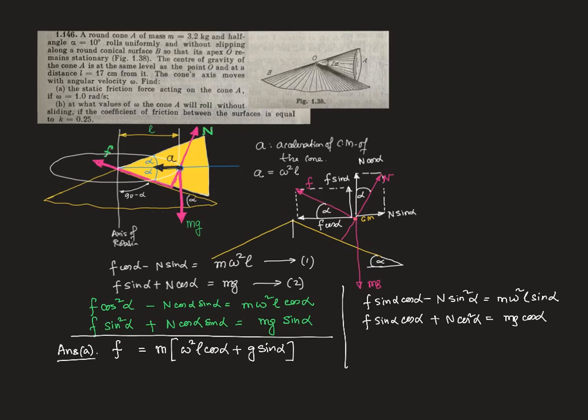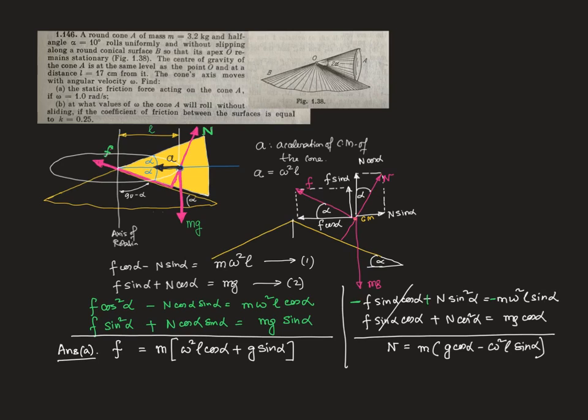Now you can subtract the two equations. So quickly subtract the two equations. These two terms will cancel, and N is equal to m multiplied by (g cos alpha minus omega square L times sin alpha). So we have also found N.